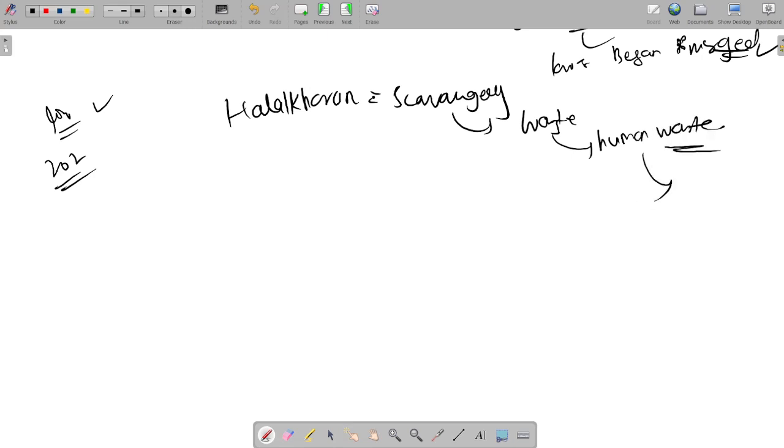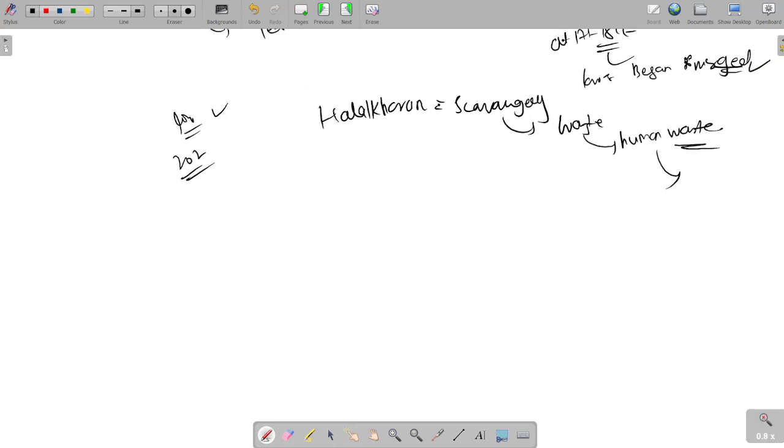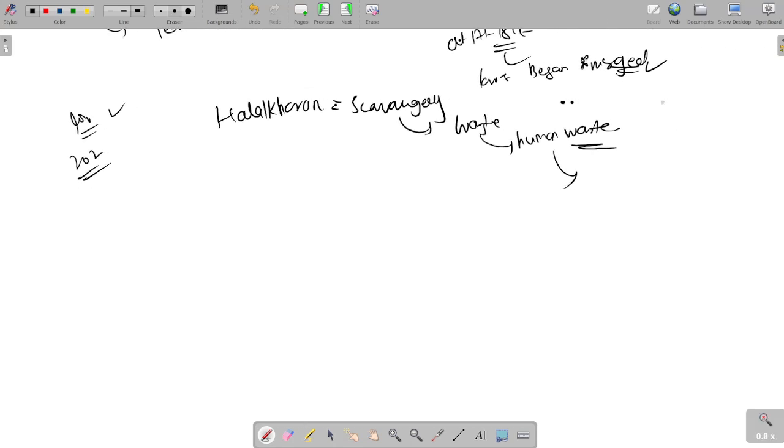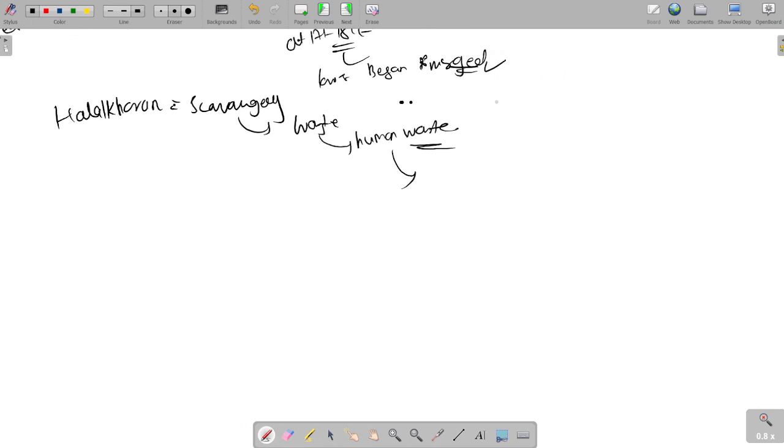Guys, this is a very serious issue today. The government is taking a serious view on this and is curbing manual scavenging. And we have been able to run several schemes and camps, etc., for manual scavengers.